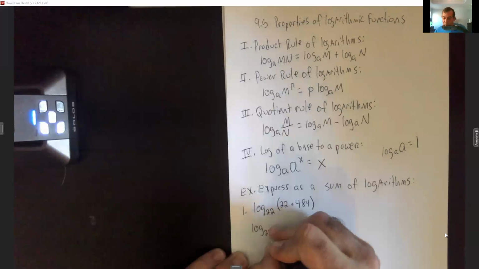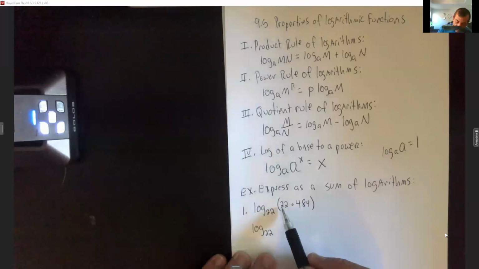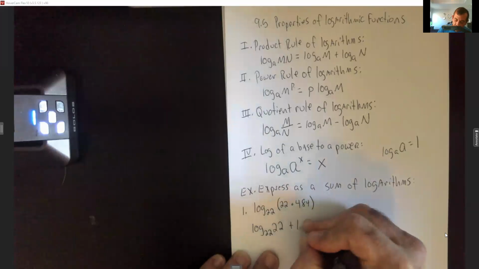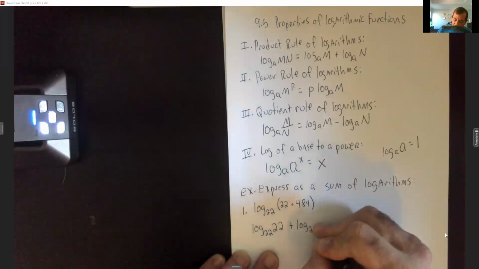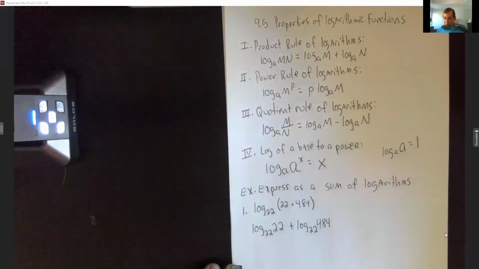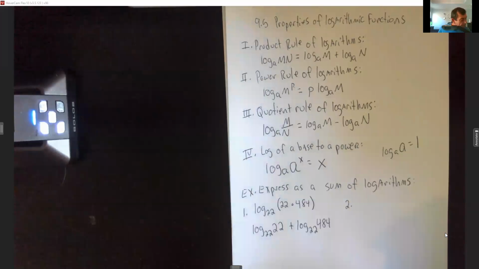And you just got to make sure both of these are written with a log base 22. So I would get a log base 22 of 22 plus a log base 22 of 484. So I've rewritten my product as a sum. That's all you did to that one.